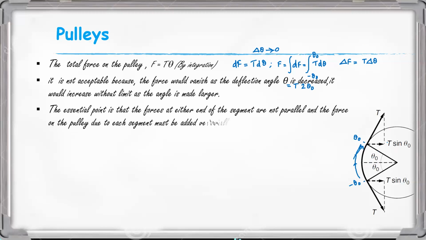So the essential point is that the forces at either end of the segment are not parallel, and therefore the forces on the pulley due to each segment must be added vectorially. Here we cannot use the integration directly.